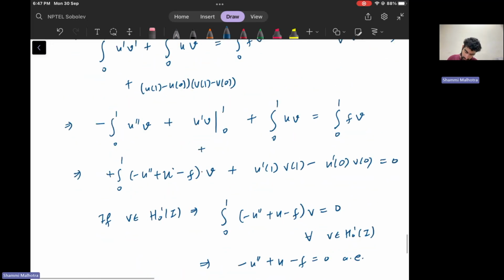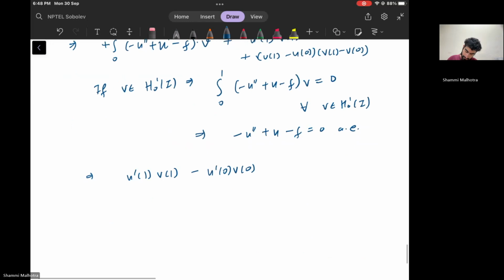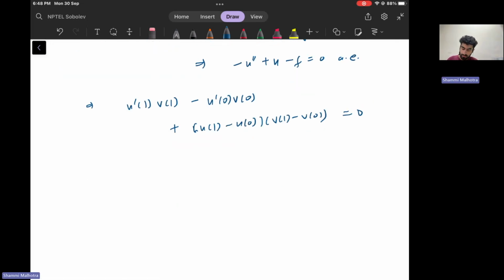Oh, I missed this: (u1 minus u0)(v1 minus v0), plus (u1 minus u0) into (v1 minus v0), equal to 0. So we have this equality.